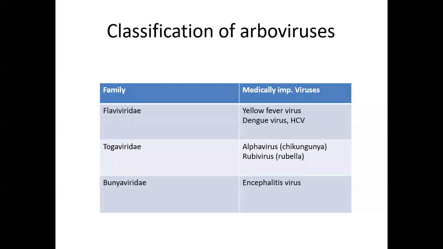Nowadays this is a rare disease. And the Bunyaviridae, the encephalitis virus. So these are the three families among the arboviruses.